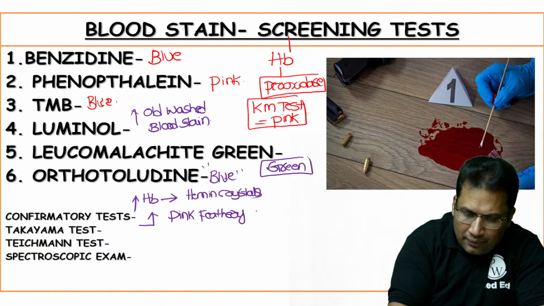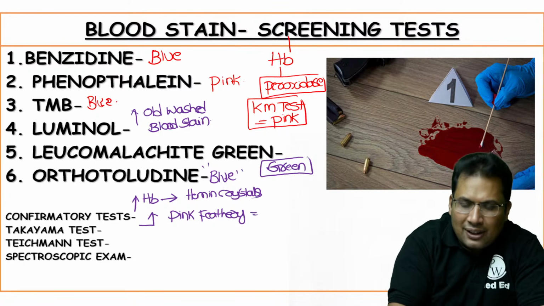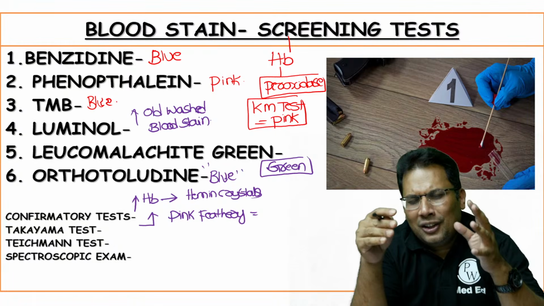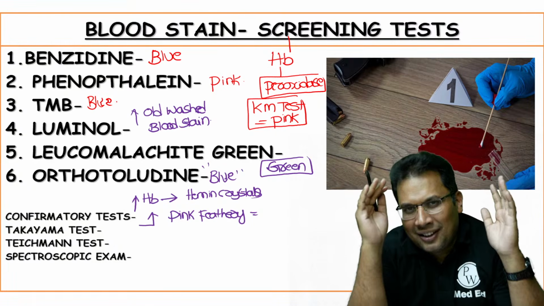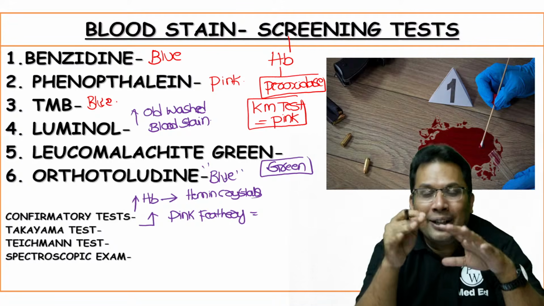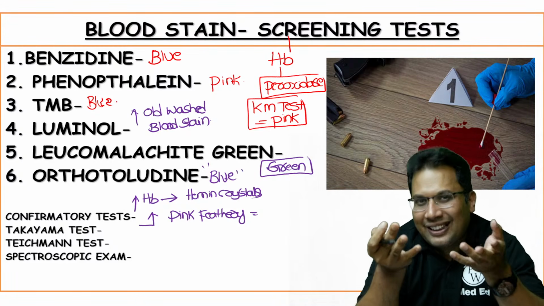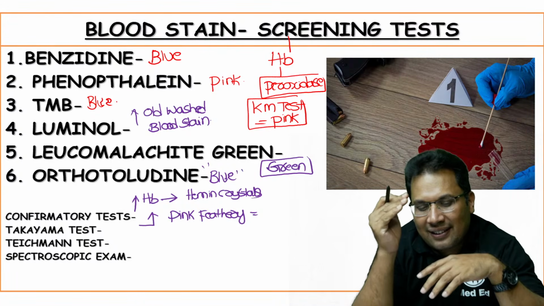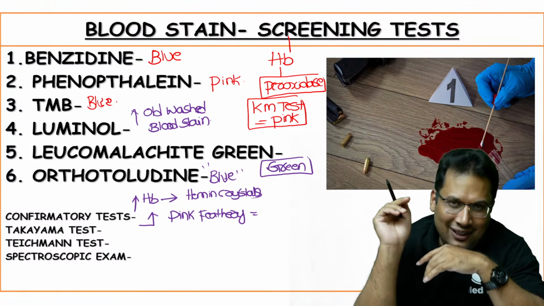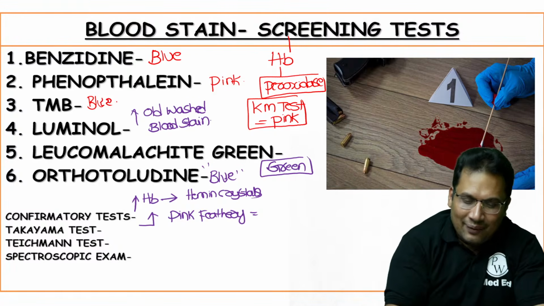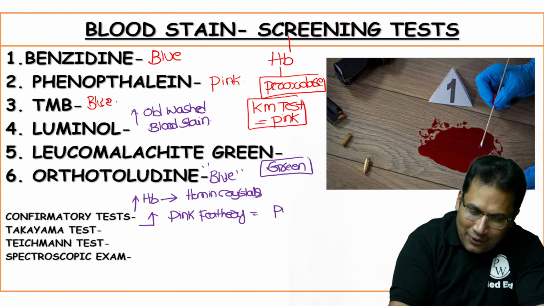How to remember? Takayama is there, no? You can remember Takamama. Mama is pink. Pink Mama with the feather. So pink feathery crystals are classical of the Takayama test. How can you remember? Just type in the chat box.